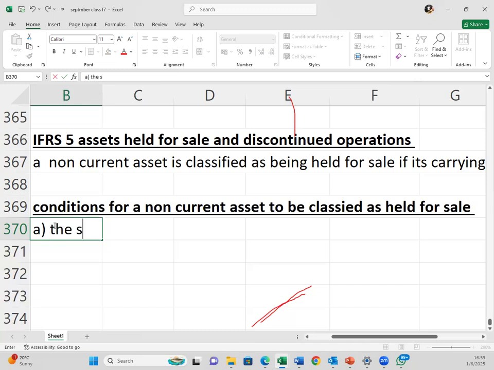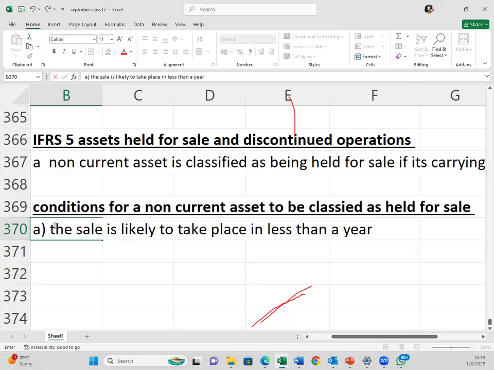So the sale is likely to take place in less than a year.